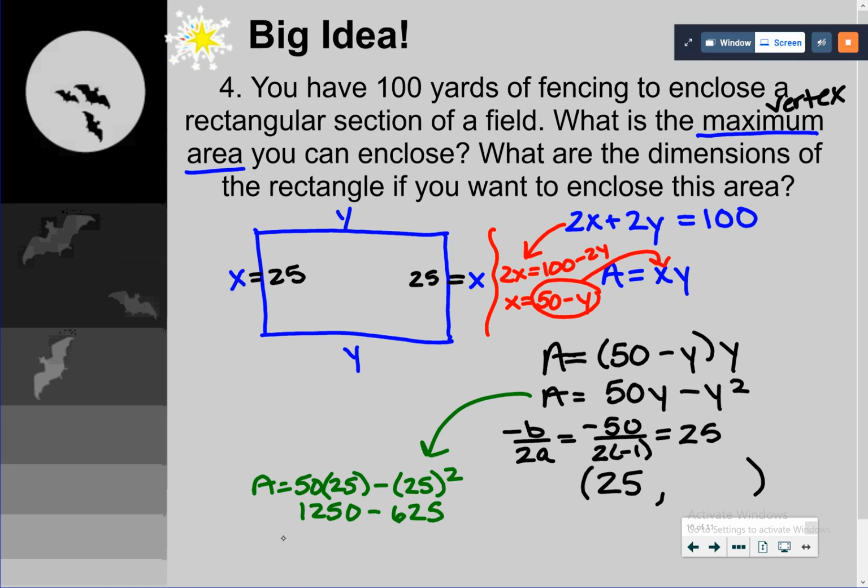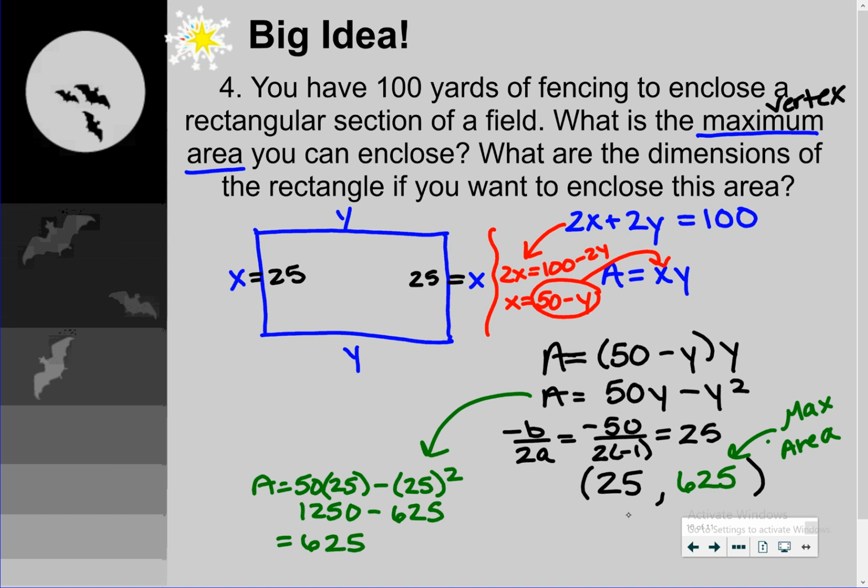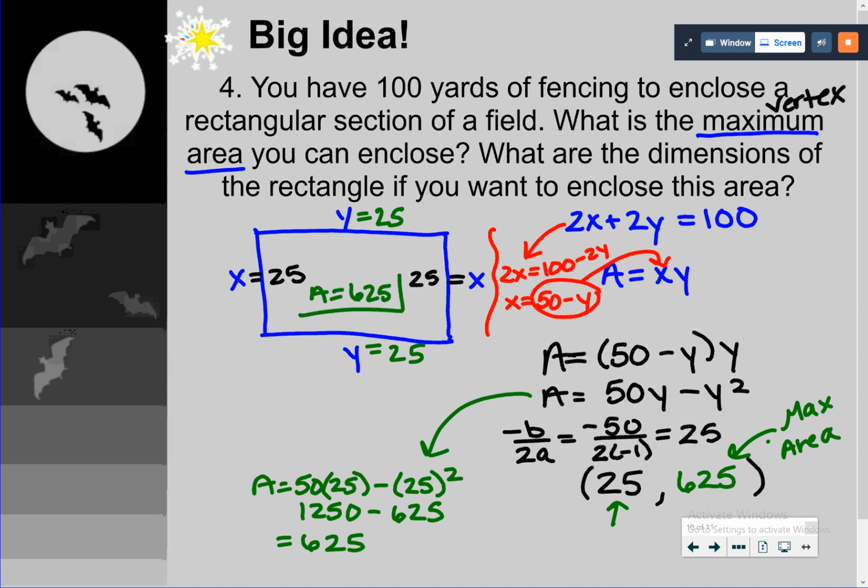Subtract them, you get 625. That is the maximum area. 25 is the dimension, and if you look up here, they're all going to be 25. If everything's 25, 25 by 25 will give me an area of 625.